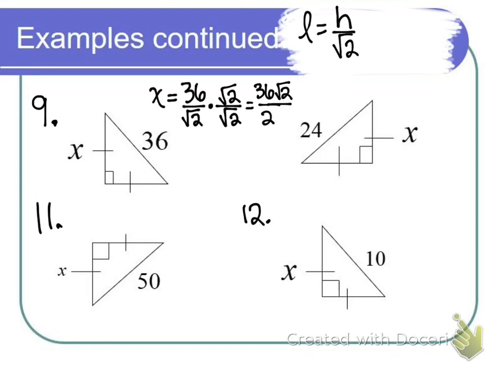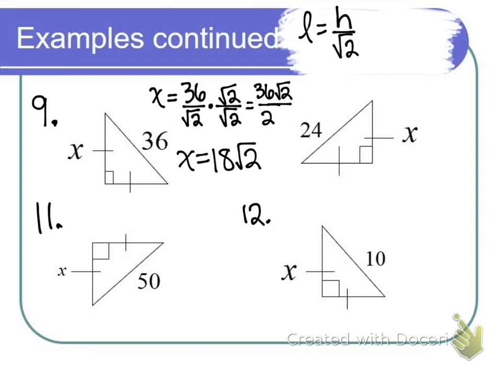But when we write that fraction, what do we notice can simplify? 36 over 2. If they're both outside of a radical, then they can simplify. What's 36 divided by 2? 18. So in this case, x actually equals 18 root 2.